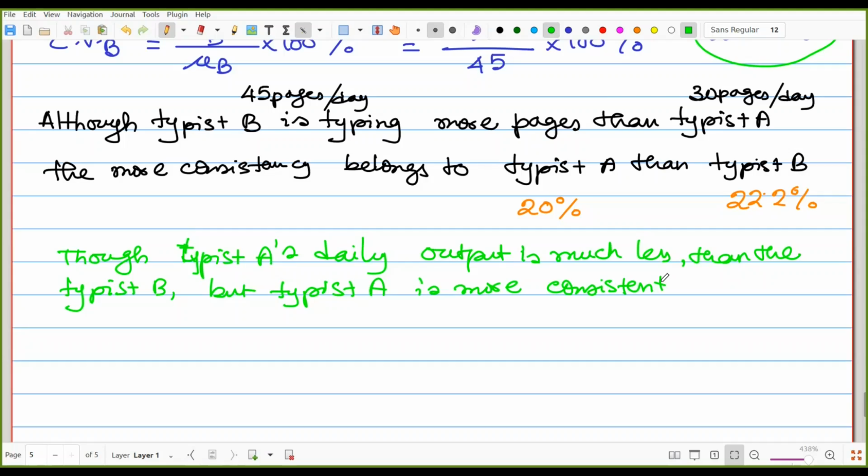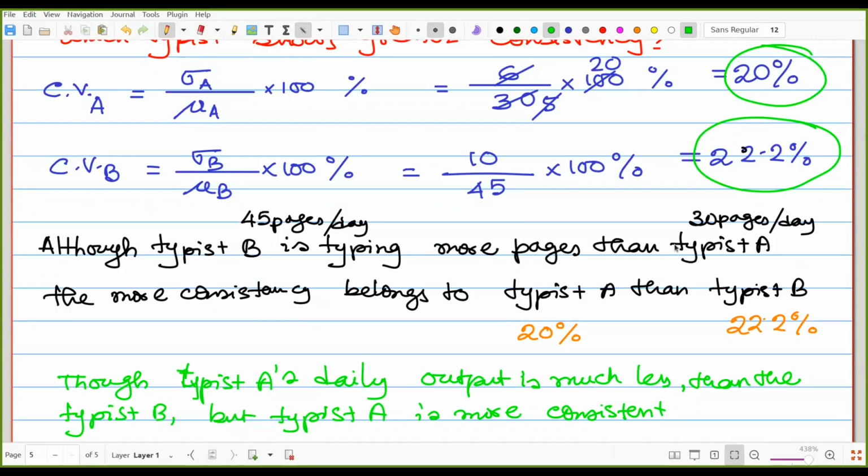So whenever we are hiring any type of employee in any office, sometimes we don't know that the coefficient of variation is originally calculated behind the thing overall. We are hiring typist A because he or she is more consistent, but we don't know why, because based on his or her experience we can find he or she is more consistent.